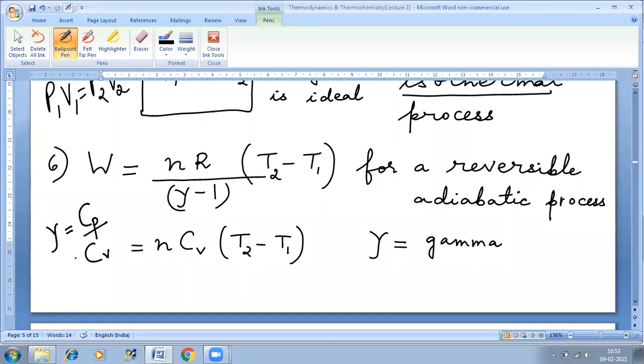Cp means molar heat capacity at constant pressure, and Cv means molar heat capacity at constant volume. So gamma is Cp upon Cv. It is the ratio of the molar heat capacities at constant pressure and constant volume.